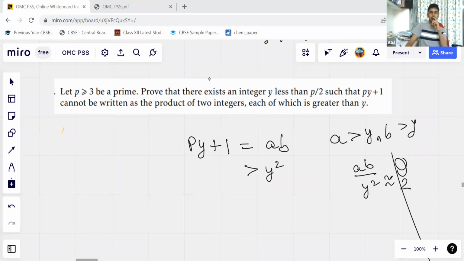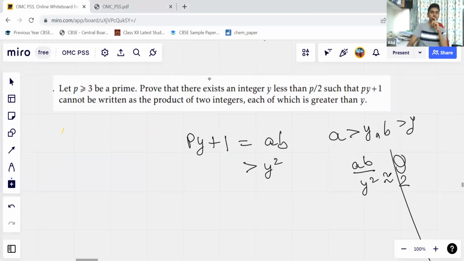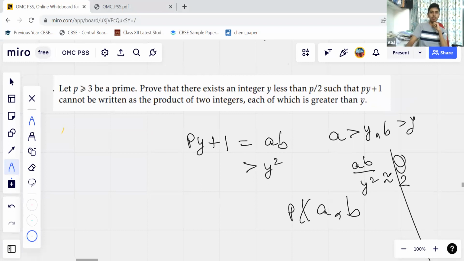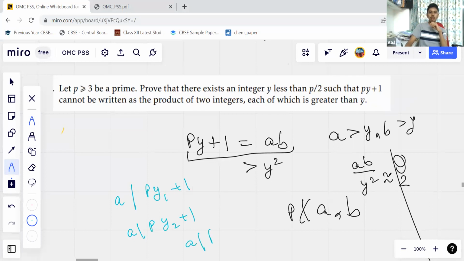So one thing we do know is that obviously P will not divide A or B because of this equation. And also no value of A will work for two different values of Y. For example, if A divided P Y1 plus 1 and also A divided P Y2 plus 1, then this would imply that A divides P times Y1 minus Y2, which is P times some number that's at most P by 2.